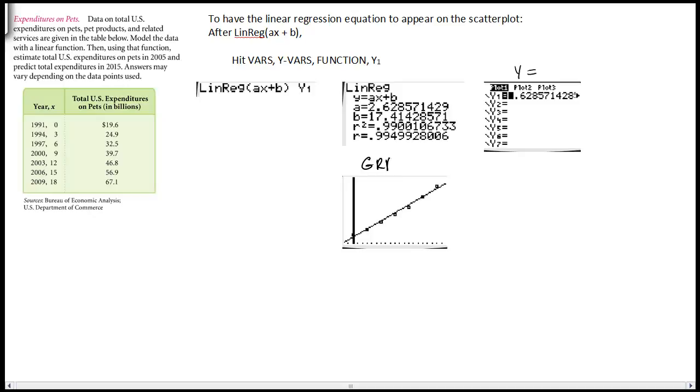So when you hit Graph, not only do you have the scatter points, you also have the equation y is equal to 2.62857x plus 17.41429. The points are not directly on that line, but as you can tell with the r value being 0.995, they are pretty much close enough.